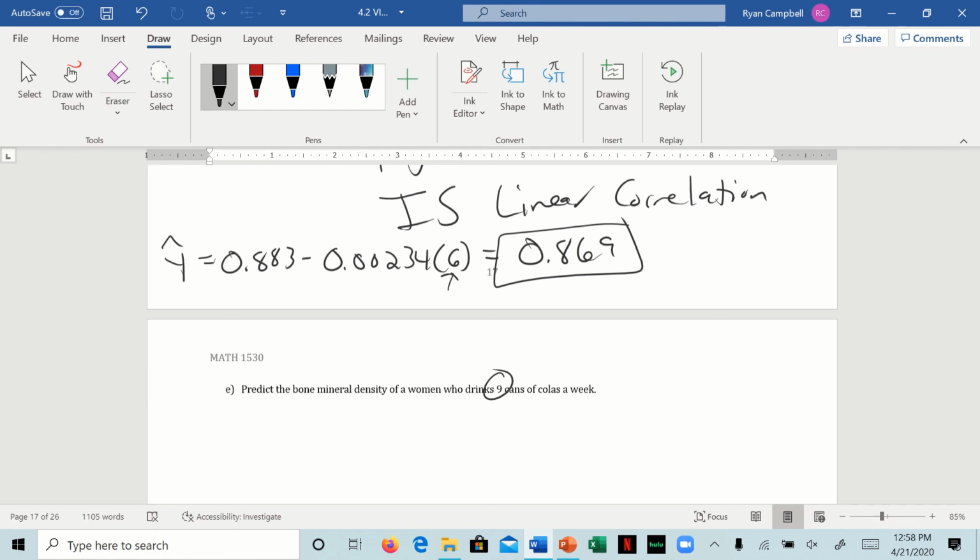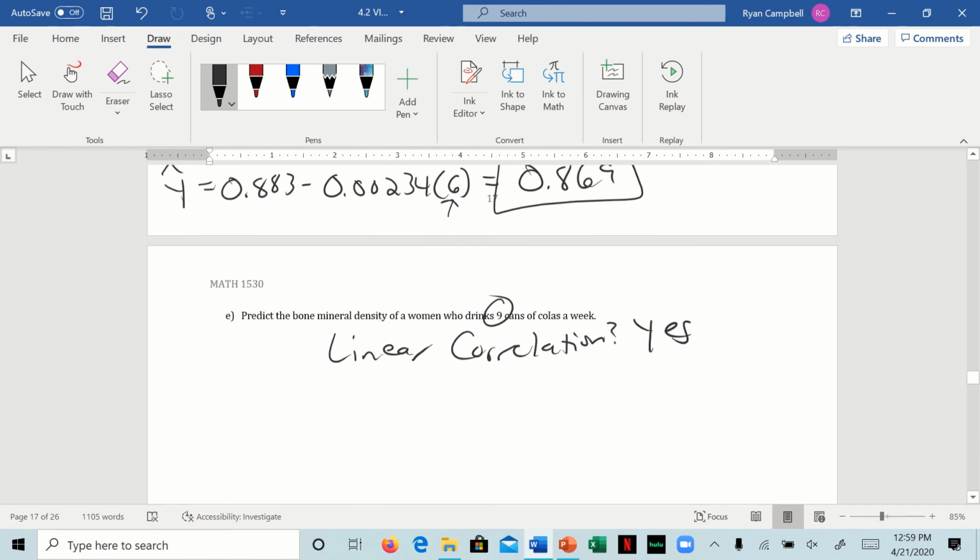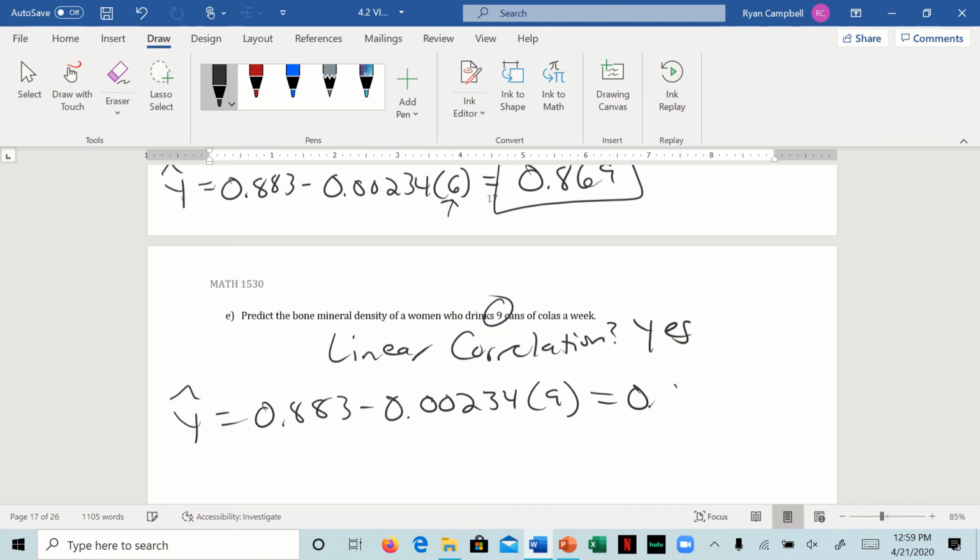What about 9 cans of cola per week? Well, again, is there a linear correlation? Yeah, we already showed that, right? So then we just plug 9 into the equation. Y hat is 0.883 minus 0.00234 times 9, which is 0.862.